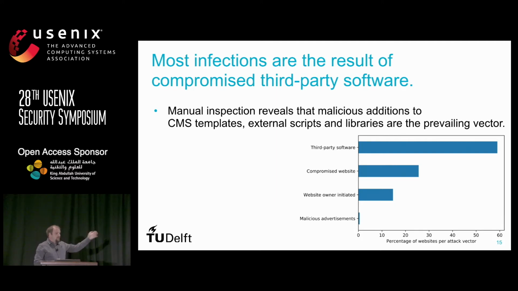These were external scripts, such as jQuery, and there was a miner in there, or a credit card validation script with a miner in there, or libraries that you would use within the JavaScript ecosystem. As a matter of fact, 60% of all cryptojacking was the result of third-party software compromises. So remember previous works that found most compromises happened as a result of compromised websites and malicious advertisement. If you add this together, this is less than 30%.